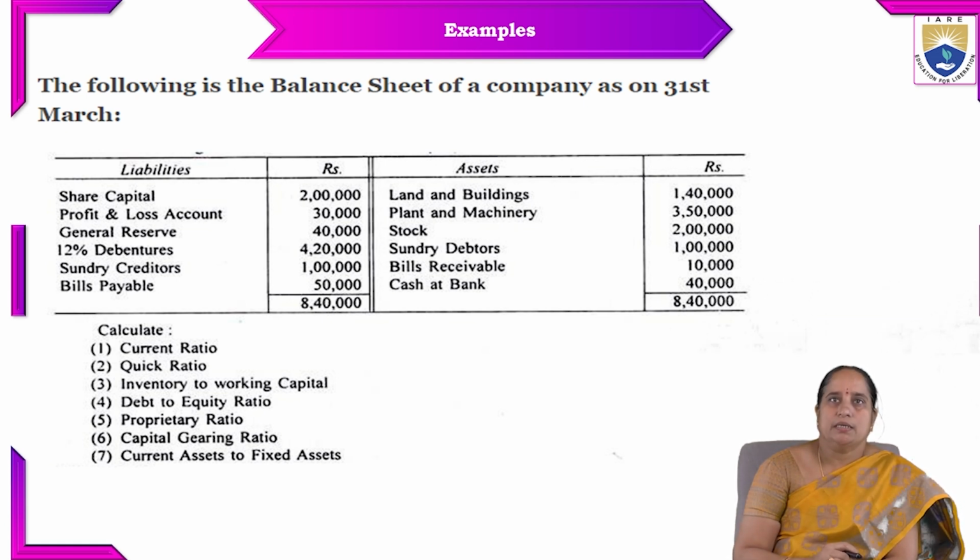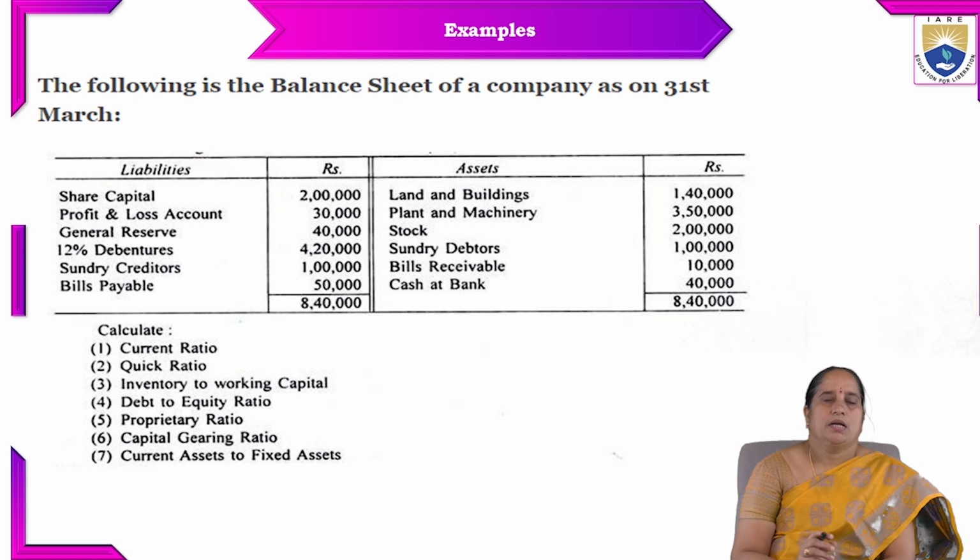On the other side, assets: land and buildings 1 lakh 40,000, plant and machinery 3 lakh 50,000, stock 2 lakhs, sundry debtors 1 lakh, bills receivable 10,000, cash at bank 40,000. Calculate current ratio, quick ratio, inventory to working capital, debt to equity ratio, proprietary ratio, capital gearing ratio, and current assets to fixed assets.